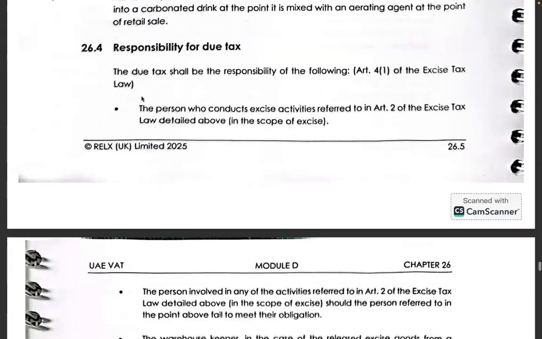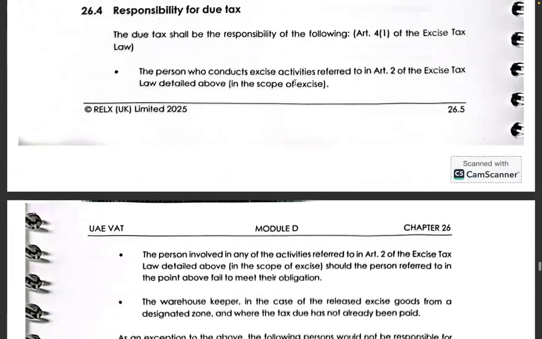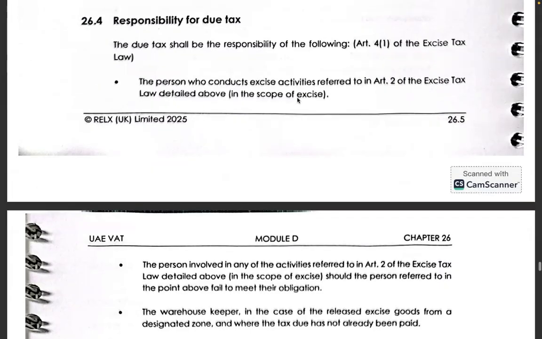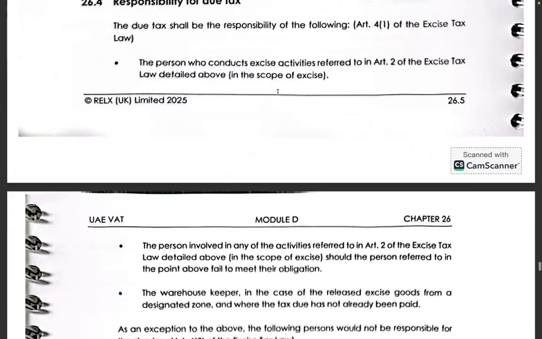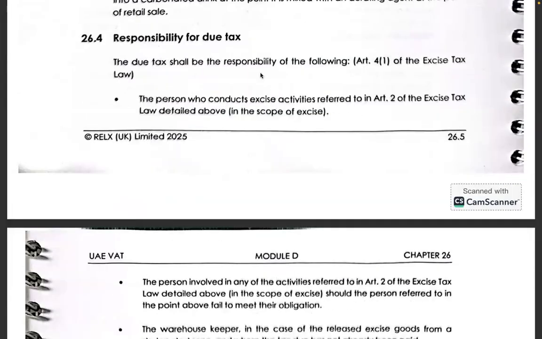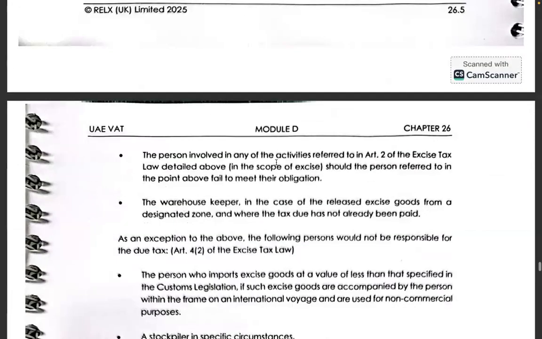Responsibility for due tax. The due tax shall be the responsibility of the following: first, the person who conducts excise activities referred to in Article 2 of the excise tax law detailed above in the scope of excise. So that person who's running the excise activities, the business, is ultimately responsible. Second, the person involved in any of the activities referred to in Article 2 of the excise tax law, should the person referred to in the point above fail to meet their obligation.